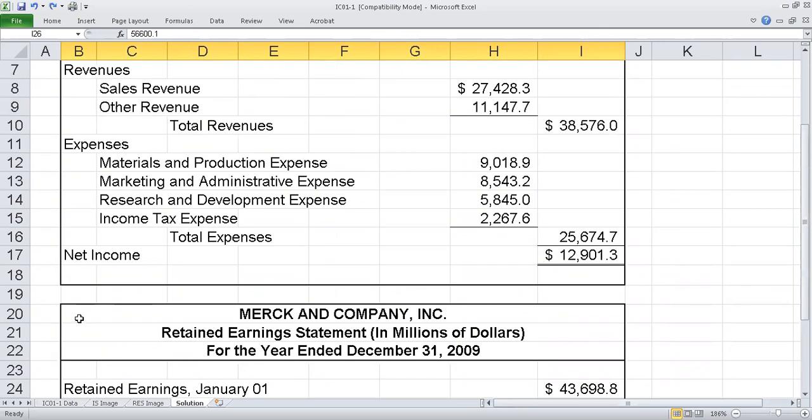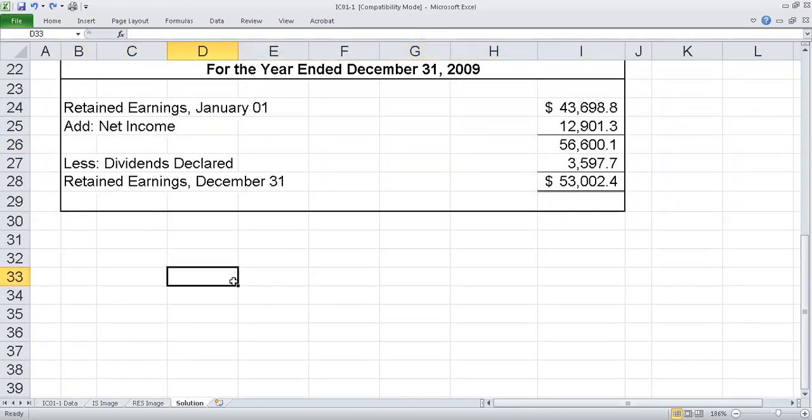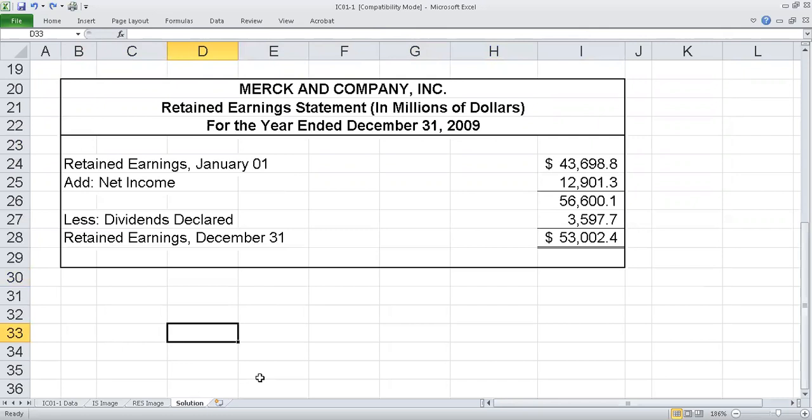Just as we wouldn't say less marketing and administrative expense 0. Right? If it's 0, we're just going to ignore it. So at most, your retained earnings statement is going to have 5 lines to it. And one of the 5 lines doesn't even have any words written on it. It's just a subtotal. Okay. But again, this is really not a real financial statement.